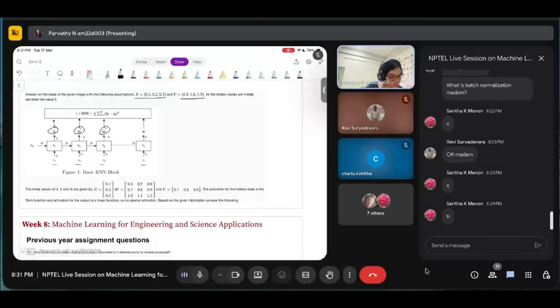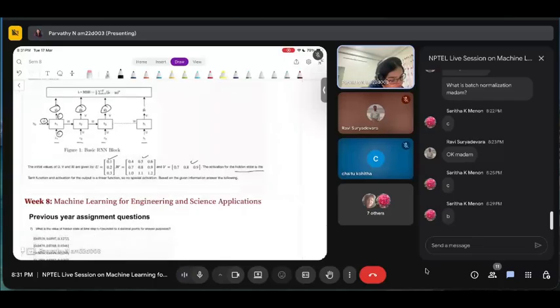And then the matrices: the input is multiplied by the U matrix, the hidden state values are multiplied by W, and the resulting calculation is multiplied by V. So those matrices are also given here. And they have also mentioned that the activation function is tanh, and the activation for the output is a linear function. So no special activation.